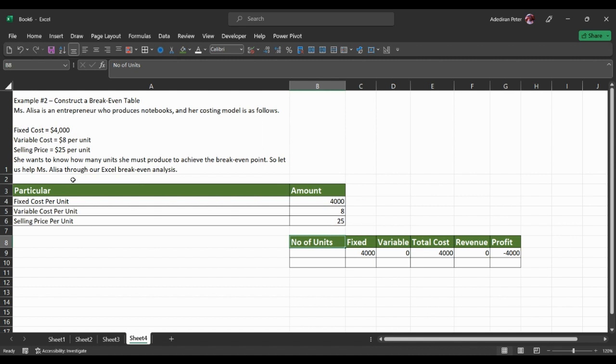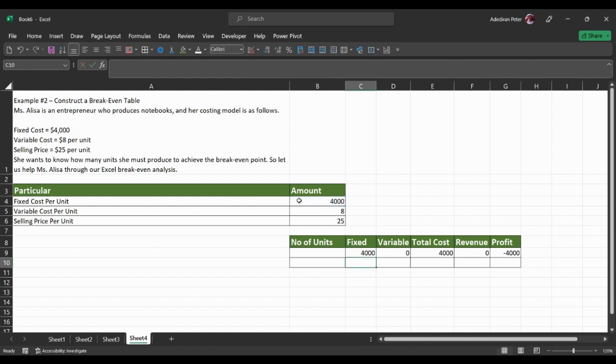So let us help Miss Alisa through our exact break-even analysis. You need to prepare a table like this: number of units, fixed, variable, total cost, revenue, and profit. For the fixed cost, you choose your fixed cost, which is 4,000 naira.